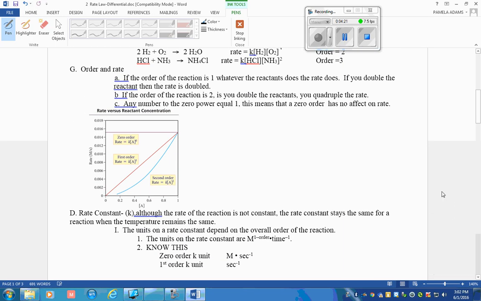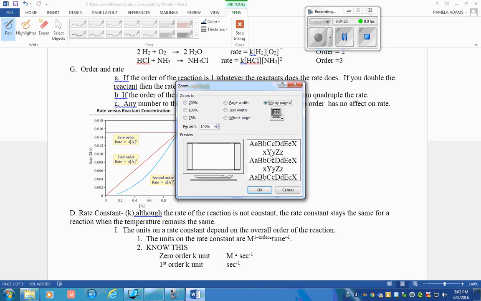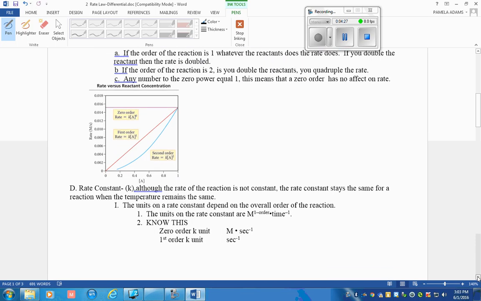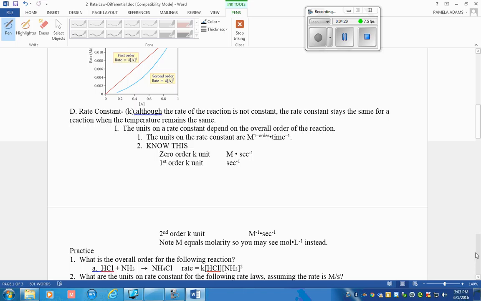Now, the big trick about the rate law constant is the units of the rate law constant. It is a code that chemists use to gather information. We are talking about, remember, concentration in terms of molarity.